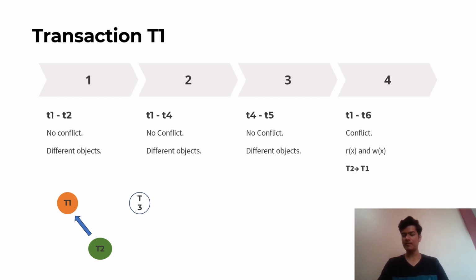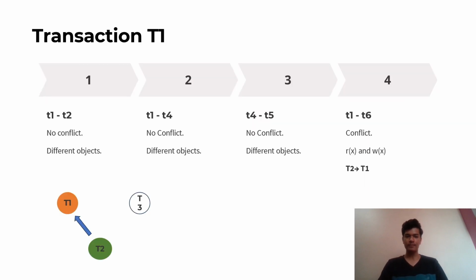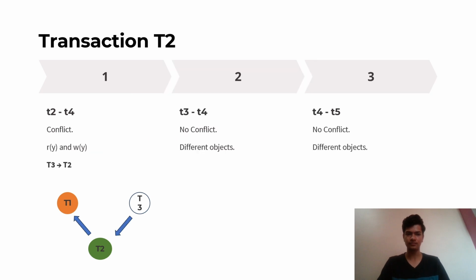But in time t1 and t6, there is a conflict because one is reading X and one is writing X. So we draw an arrow from T2 to T1 in the precedence graph.